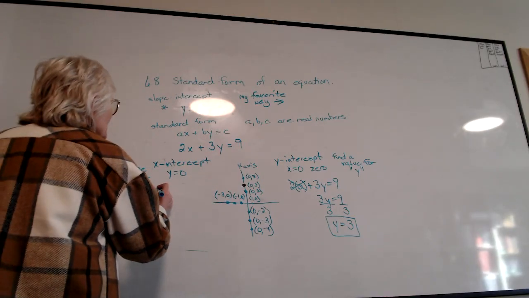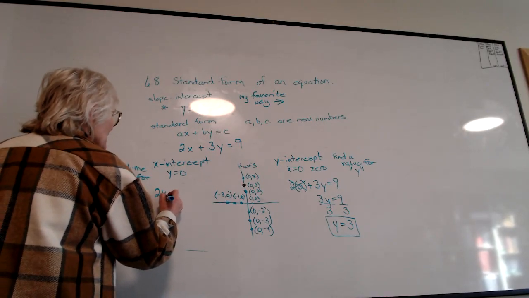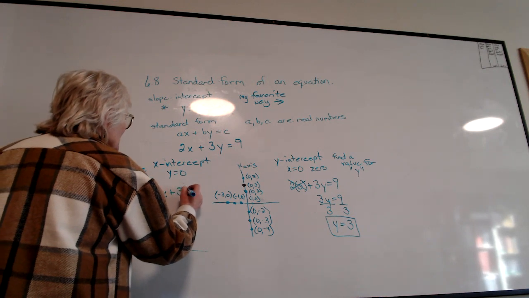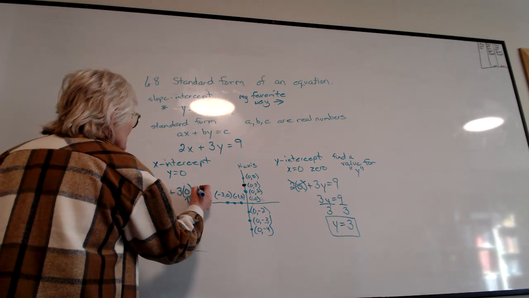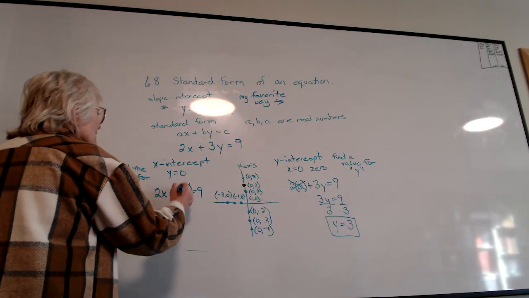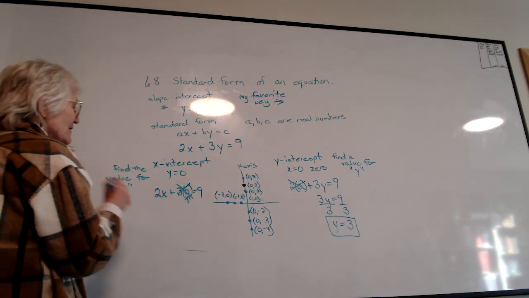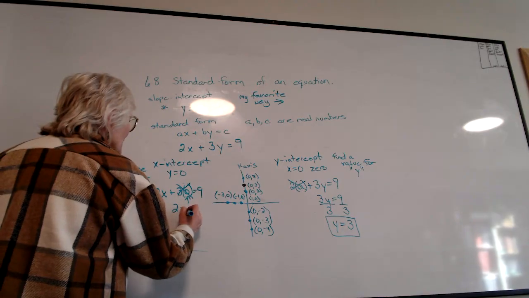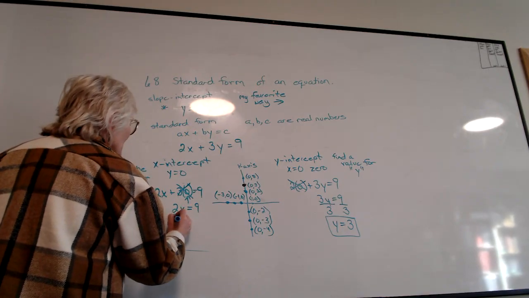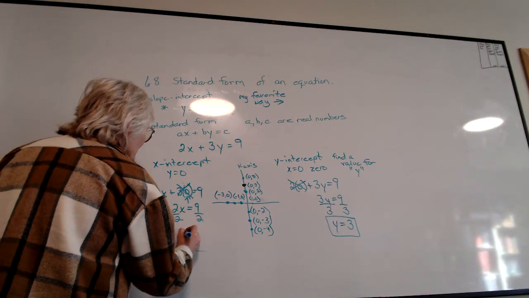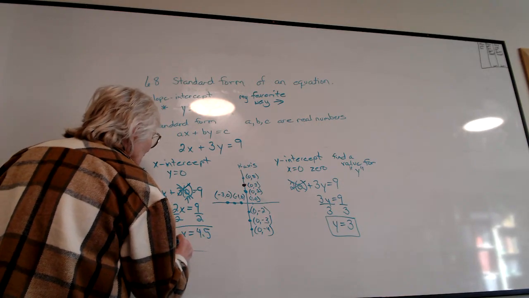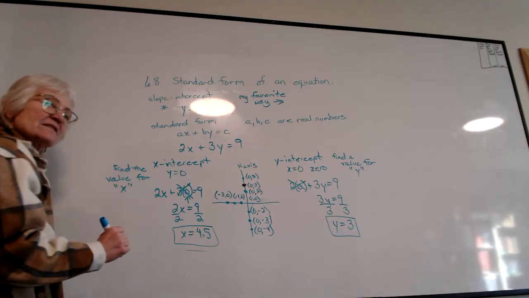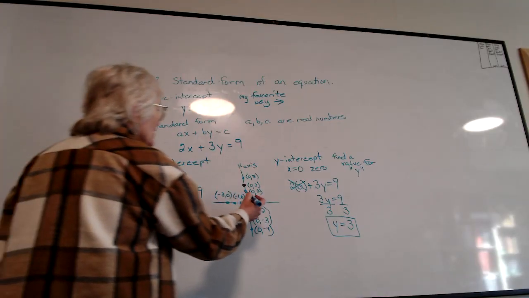So what we do is we just go 2 times x plus 3 times 0, because there's my y. Y is going to be 0, equals 9. Again, the 0 makes that cancel out. So I end up with 2x equals 9. I divide by 2. So x is equal to 4.5. And so now I have my x-intercept because it's where it goes through.